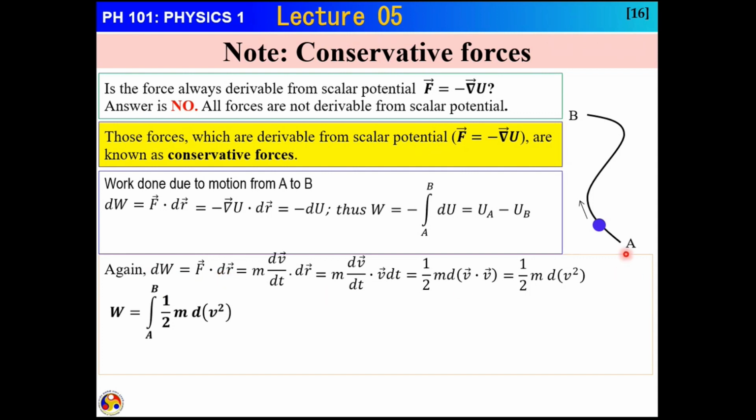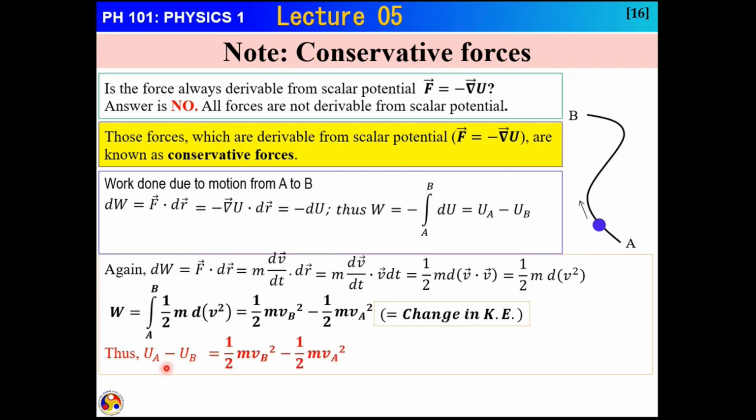And if you are going from position A to B, you can integrate, and the outcome is half m v b square minus half m v a square. So this work done is the kinetic energy difference, which is basically the change in the kinetic energy. Thus, UA minus UB, which we derived from this point, is equal to half m vb square minus half m va square.